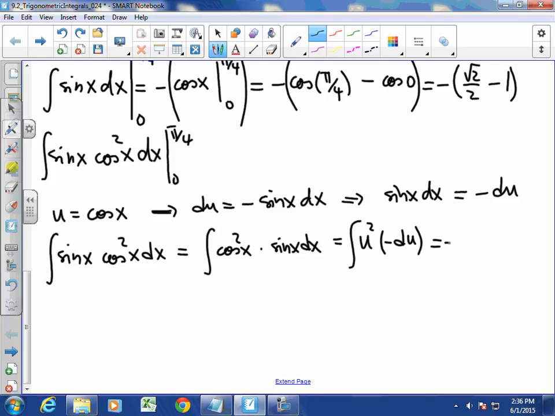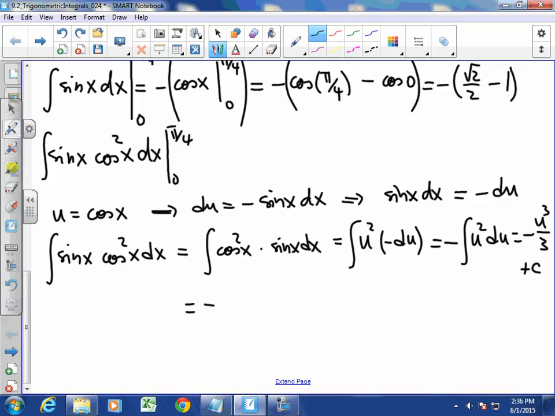The minus can go out. You get negative the integral of u squared du, which is negative u cubed over 3 plus a constant. But since we are dealing with a definite integral, we don't need a constant term.